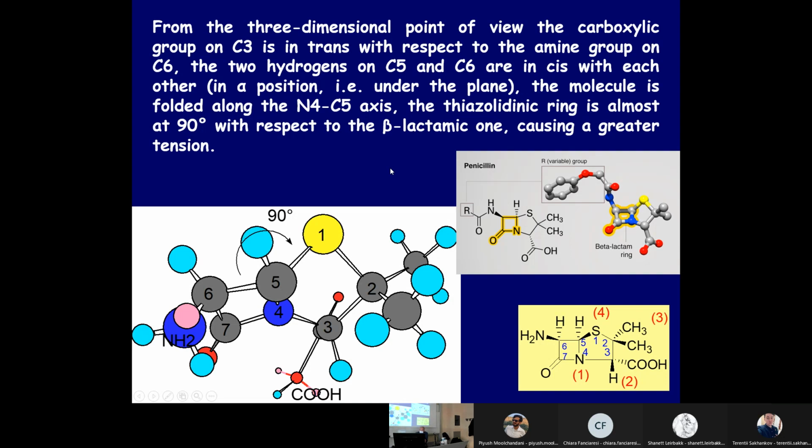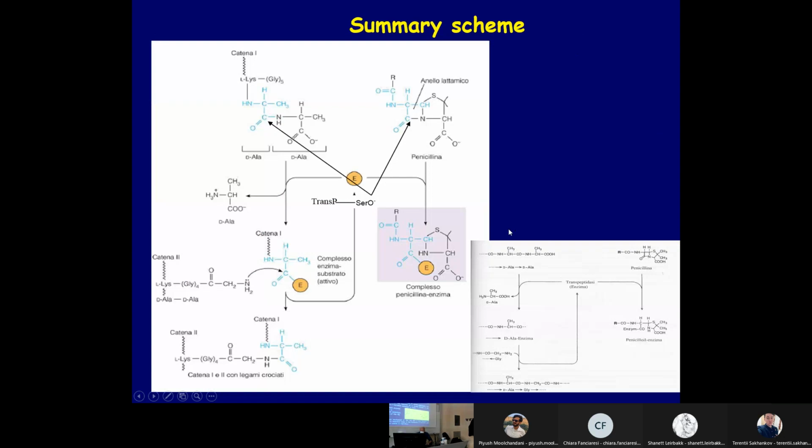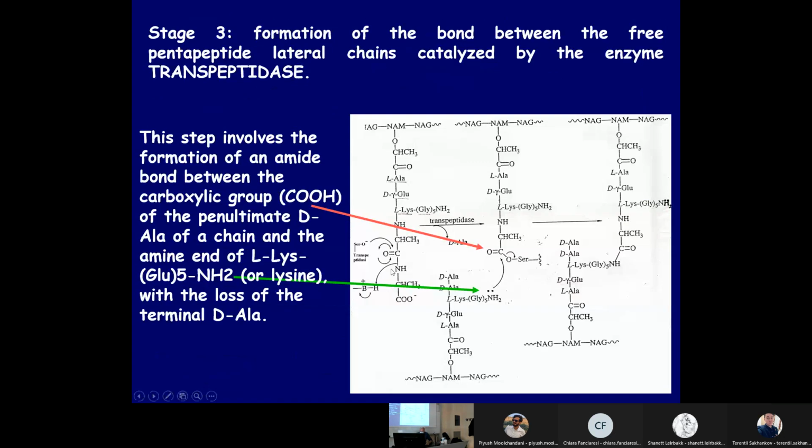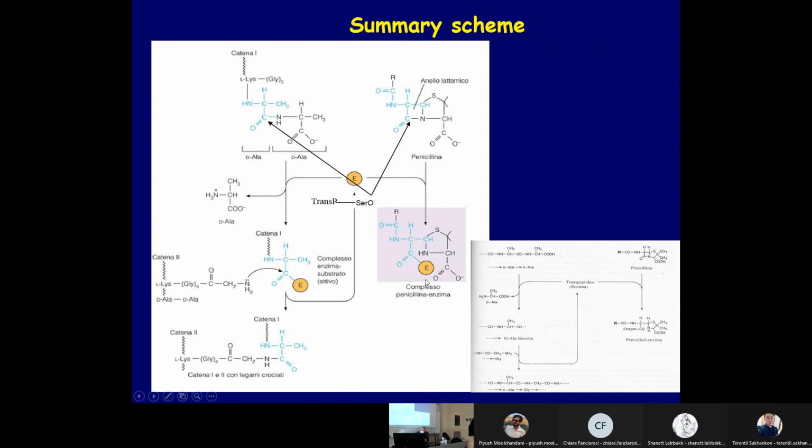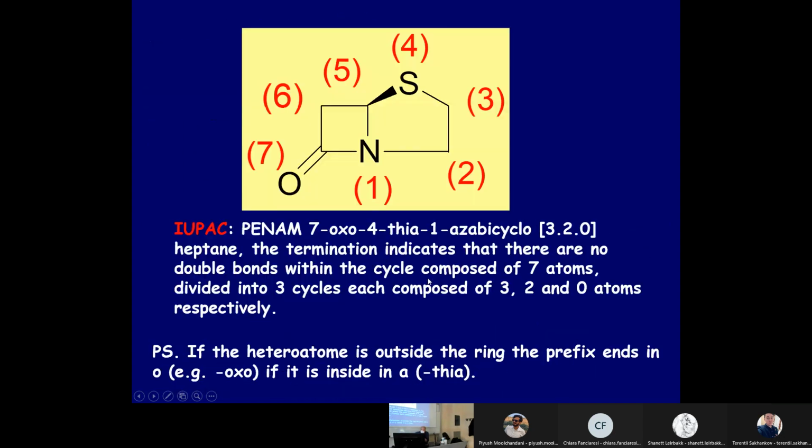And now we have to understand why this amide is reactive and why this amide is not reactive. Why is the beta-lactam ring so reactive?